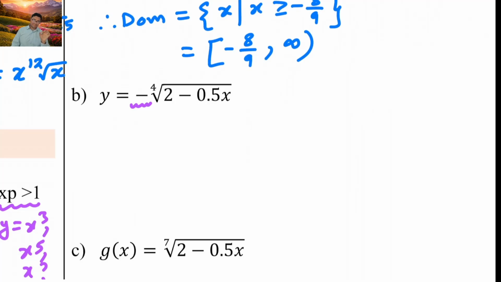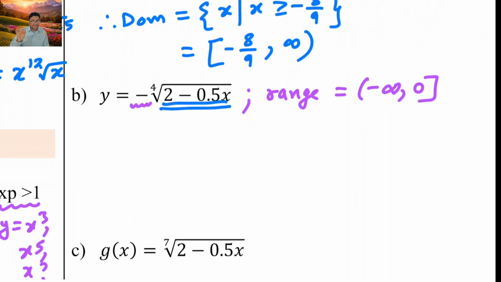Because the sign is negative, the range will now be all negative numbers, everything from negative infinity to 0, because there's a root sign, at the most you can go to 0. That's the effect of the negative sign on the range. As far as domain is concerned, you only focus on the radicand.